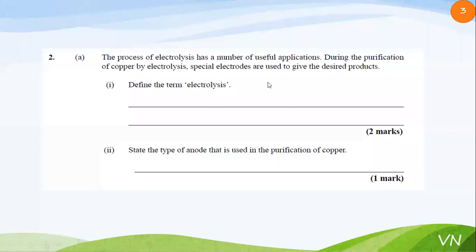Now this question has another application of electrolysis, and it talks about purification of copper. We looked at anodizing just now. Now this question is based on purification of copper.